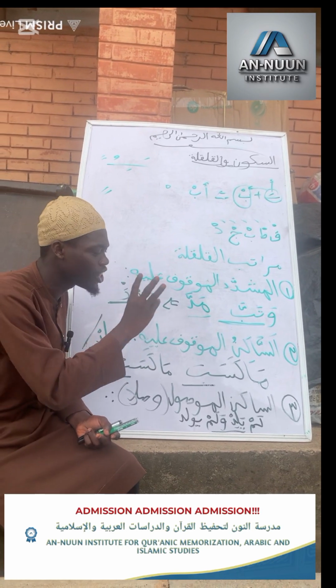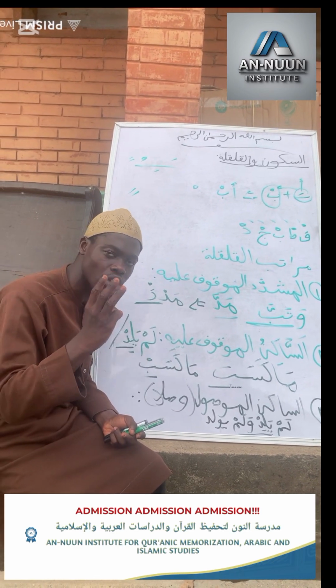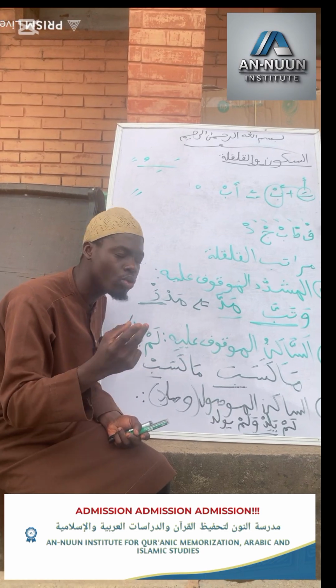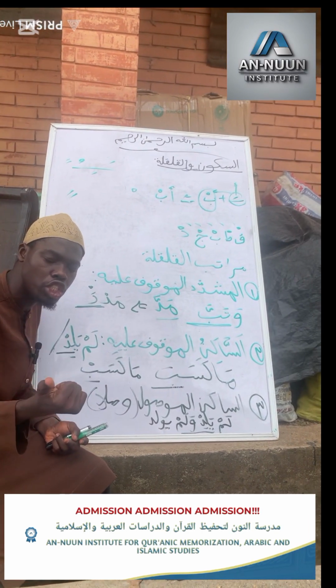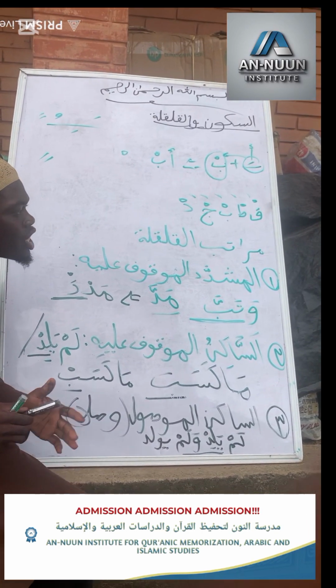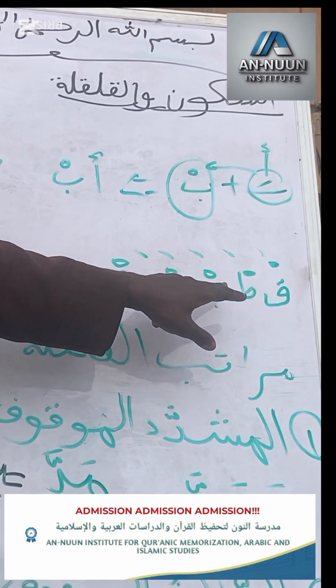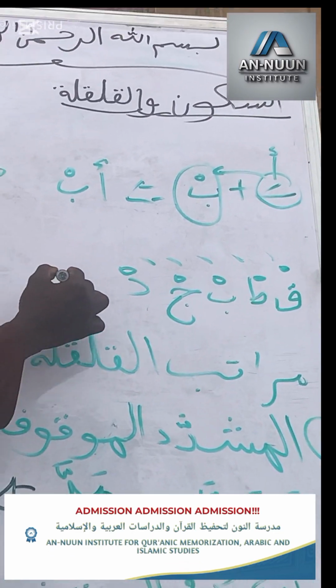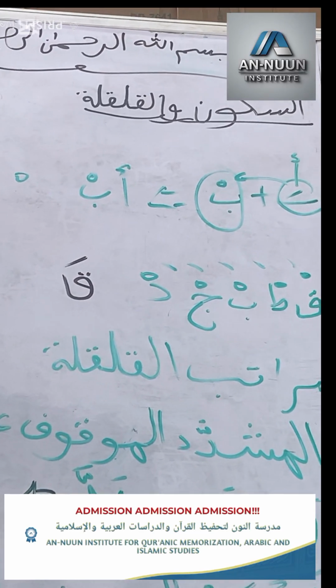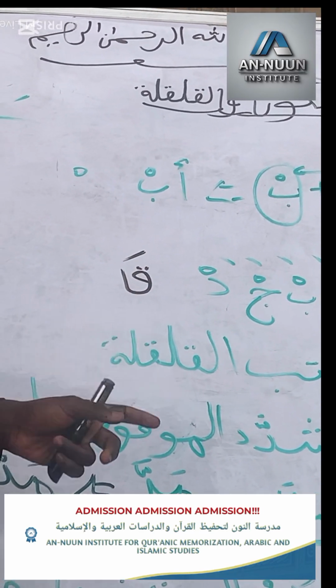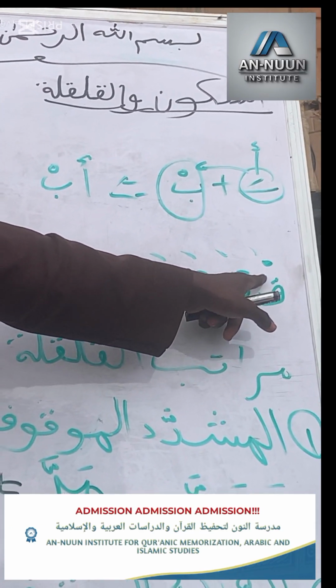Do not forget, we have letters here. The first one is qaf, the second one is ta, the third one is ba, jim, dal. And all that, when you want to take the principle, they must carry sukun. So when we have qaf like this, there is no qalqala there. But when it is like this, there is qalqala.